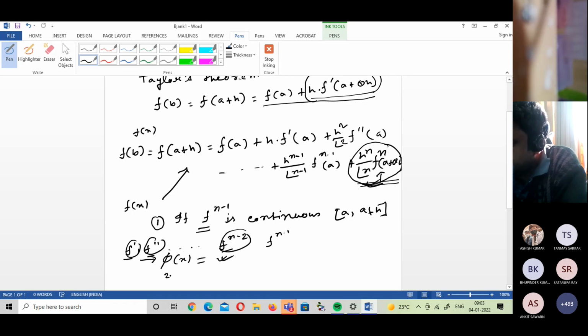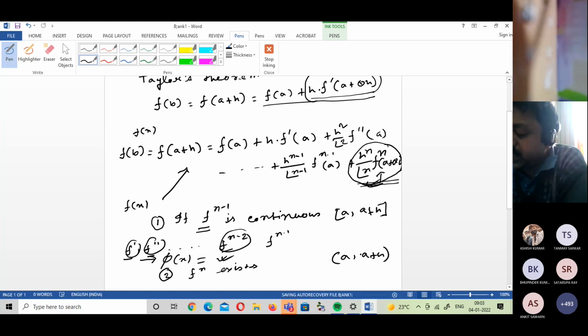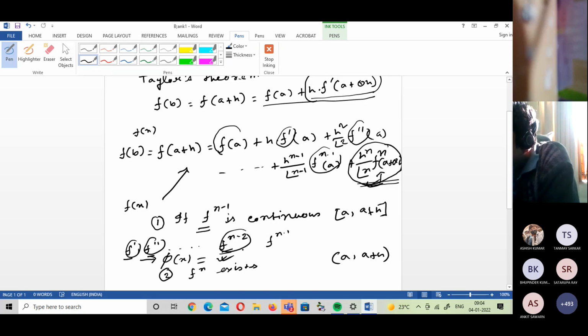Now the second condition is f of n exists in the open interval a to a plus h. Then if this f dash, f double dash are all continuous and also derivable, then the last condition of Rolle's theorem follows.